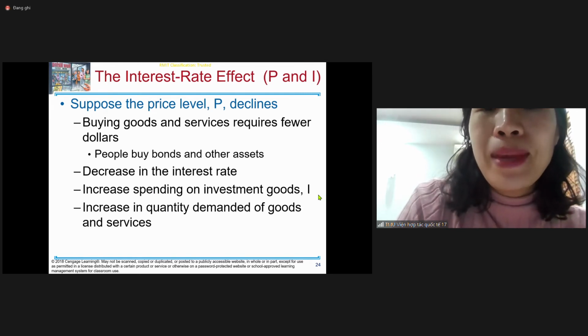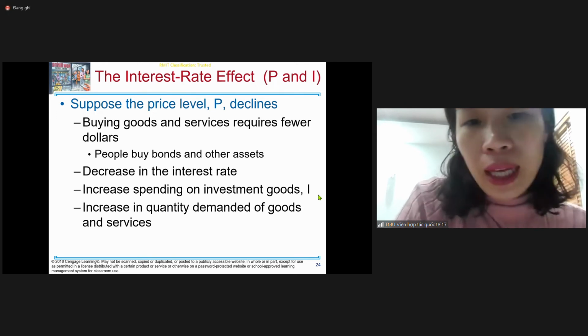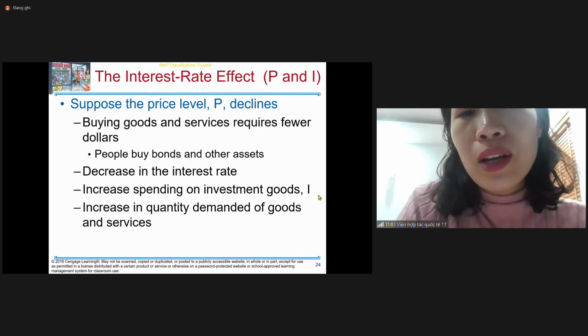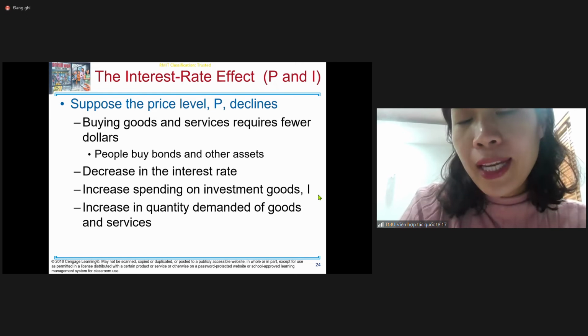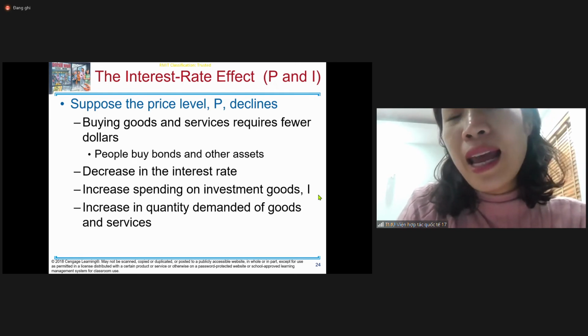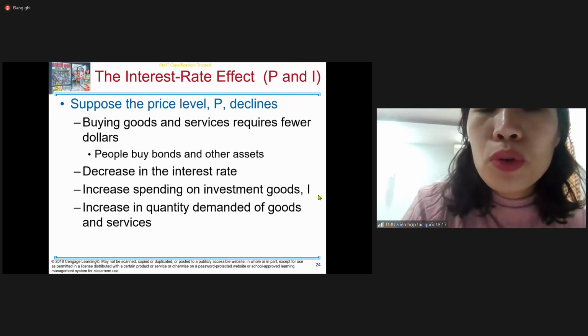Something else here means something on the financial market, thị trường tài chính các bạn ạ. It's just like your investment. Okay. So given that you have a certain amount of money and now the price level decreased, you spend less on food, less on house, less on clothes and other things, then you have more to save.